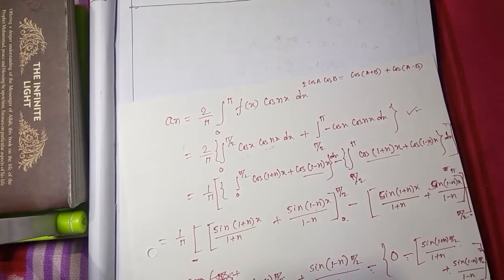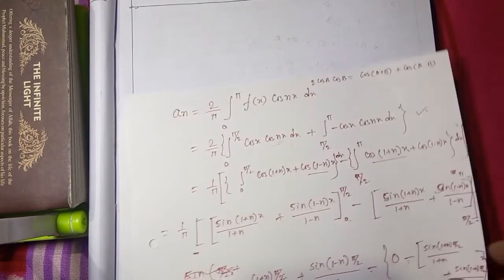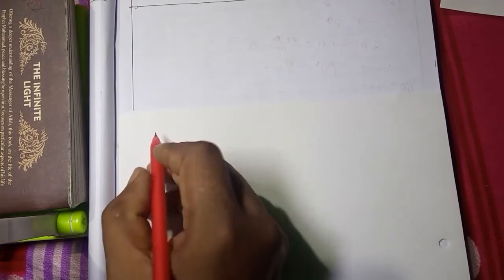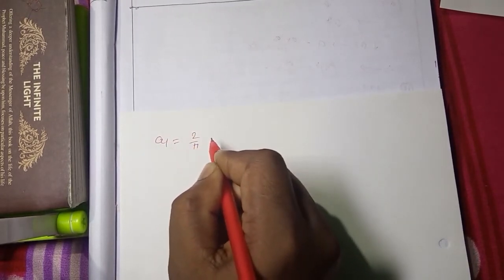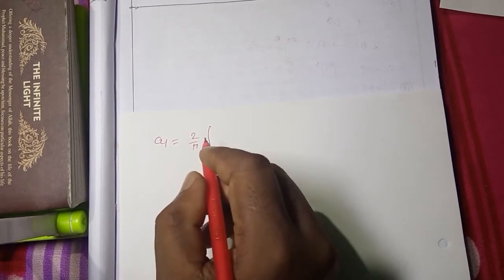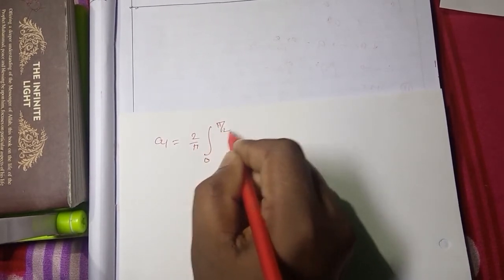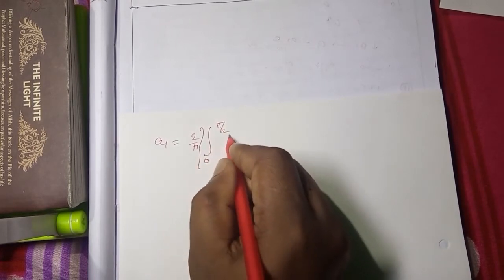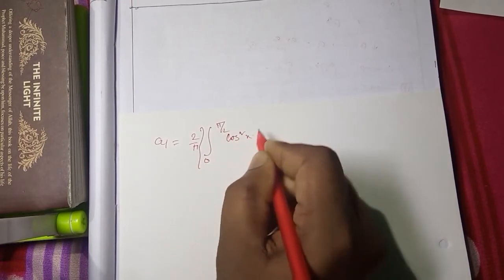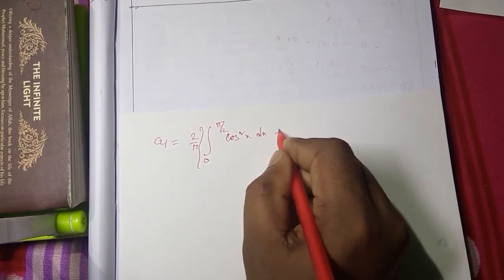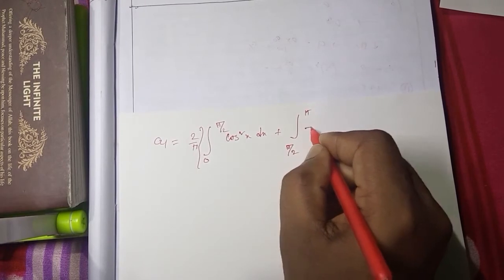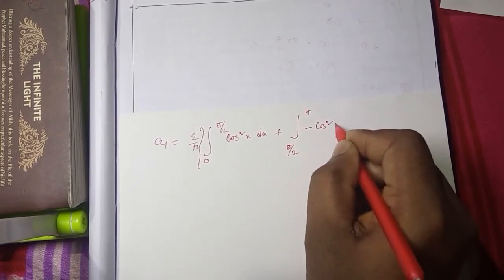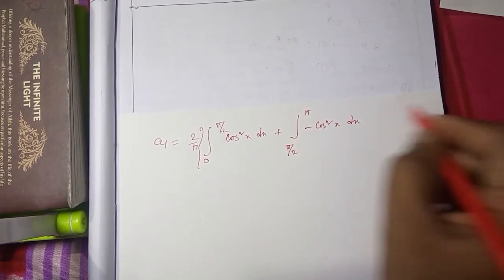Therefore a1 is equal to 2 by pi, integration 0 to pi by 2 cos square x dx plus integration pi by 2 to pi of minus cos square x dx.